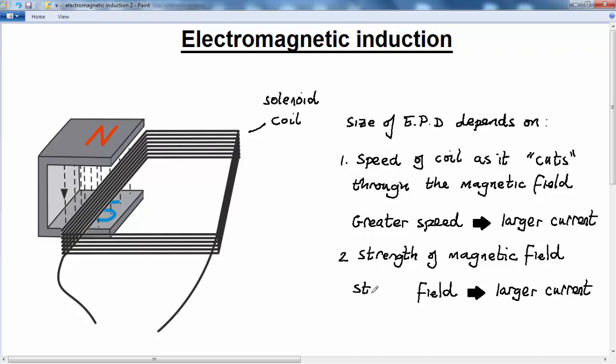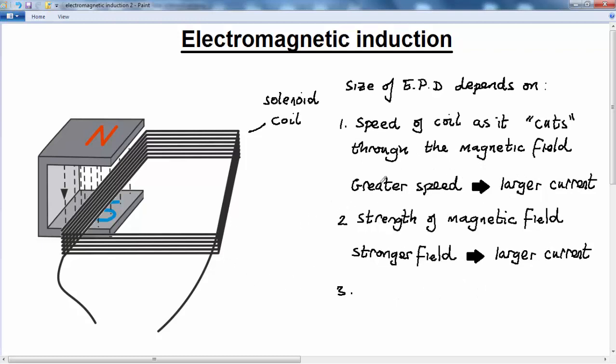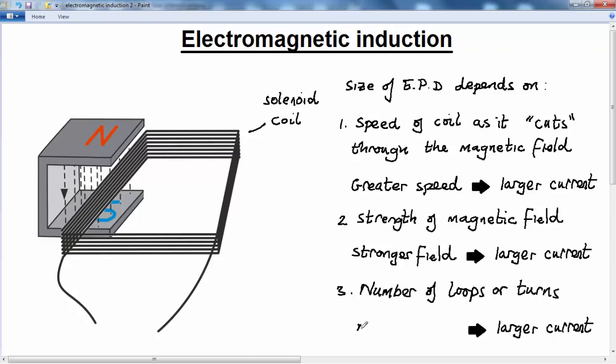So a stronger field produces a larger current. And thirdly, as we've just seen, we can greatly increase the size of the voltage induced in our conductor by changing the conductor into a solenoid. That's to say, increasing the number of loops in the solenoid will result in a greater generated electrical potential difference, or voltage. So the greater the number of turns or loops in the solenoid, the greater the current generated.